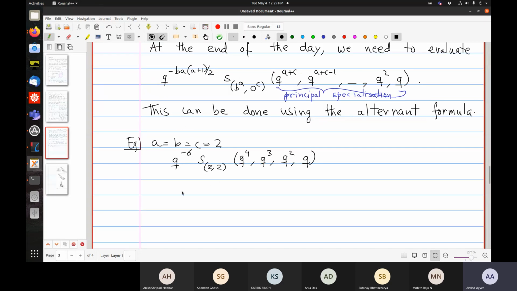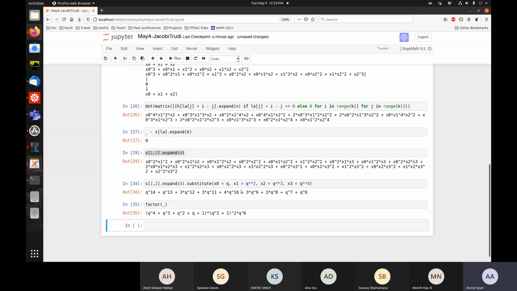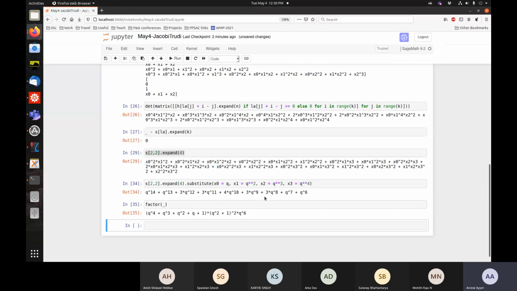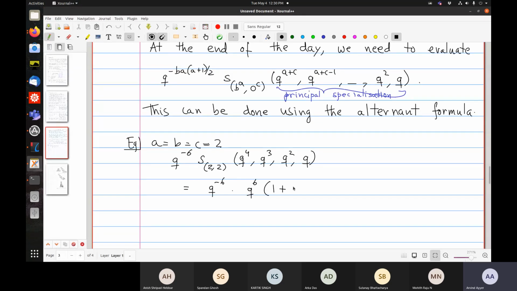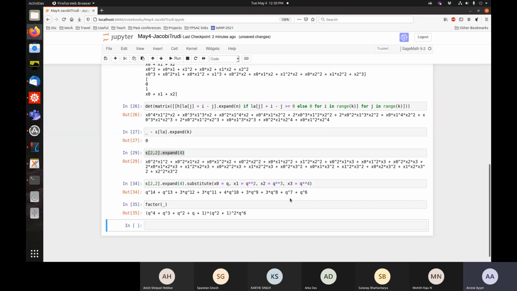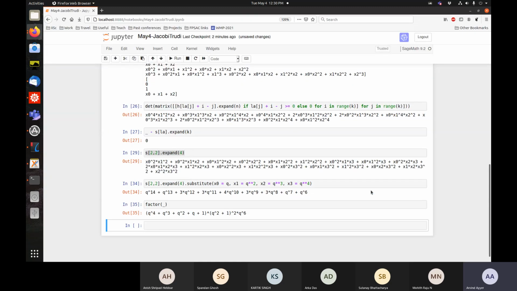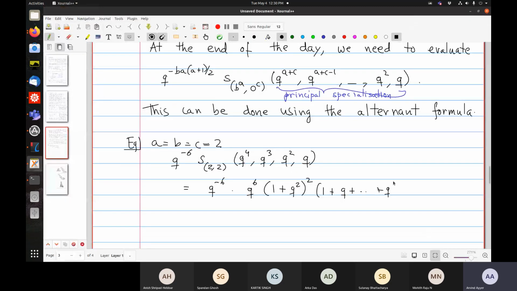So let's write that. This is equal to q to the minus 6 times, what do we have? We have a q to the 6, that's good news. 1 plus q squared, whole squared, and 1 plus q plus up to q to the 4. So this cancels, as it should, because the empty plane partition has weight 1, so there should be no trailing powers of q.